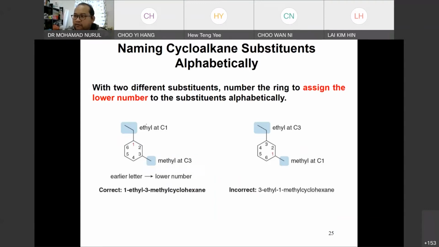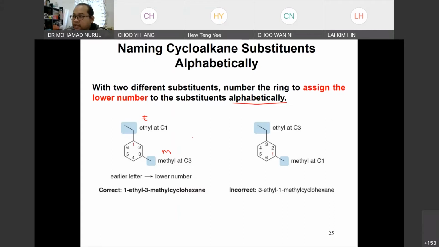For example, we have the letter E here, this one is the letter M. So if you start from here, it's a similar numbering, but the problem is we have to arrange by alphabetical order, okay. So we have to change this one to number 1, and we have to flow clockwise. We have to give the second substituent the lowest number.